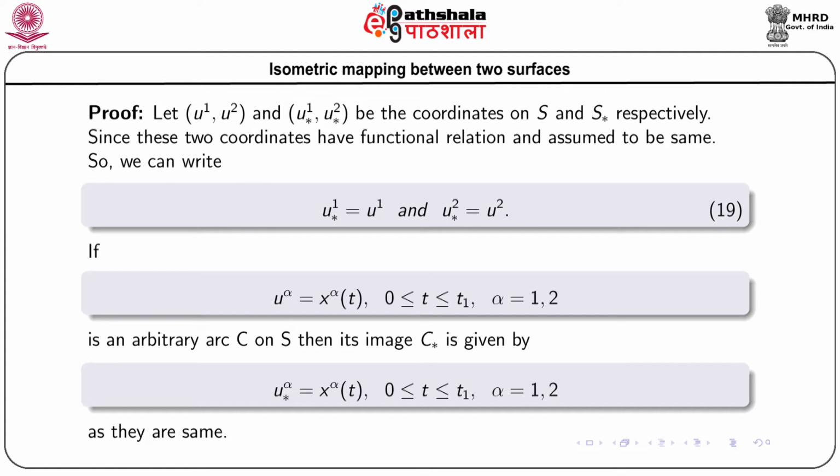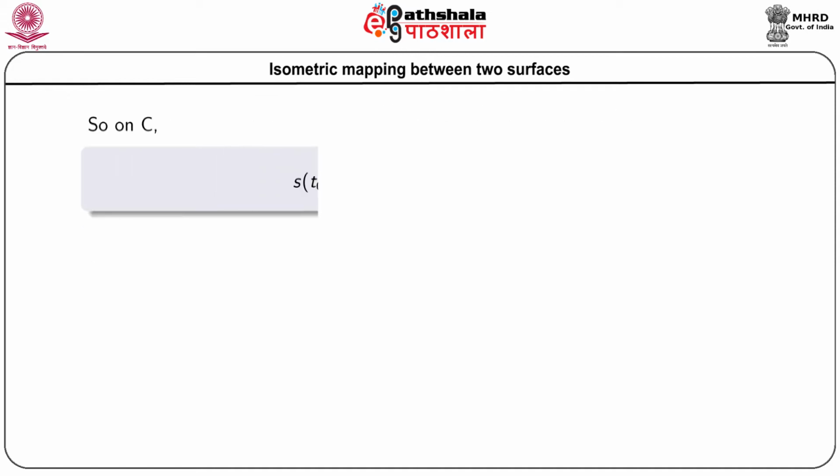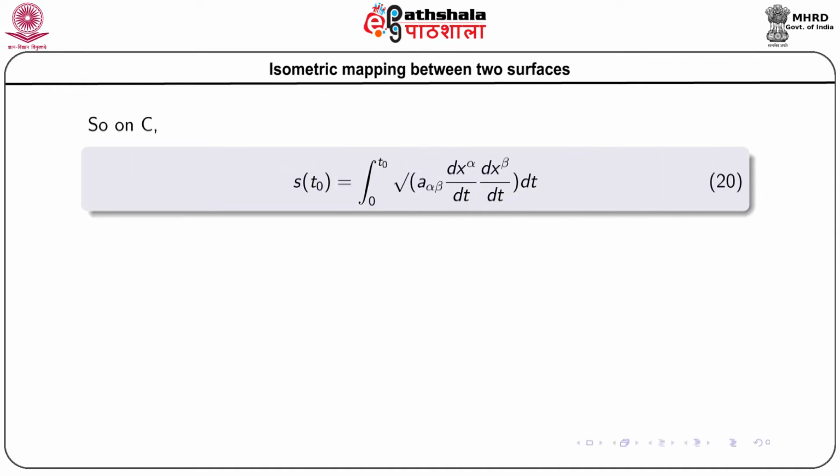Now, as we have seen that U1 star equals U1 and U2 star equals U2, so these two are same. So, if we take the arc length on C, it will be S T0, we can write, integral from 0 to T0 of square root of A alpha beta dx alpha dt dx beta dt, whole dt.